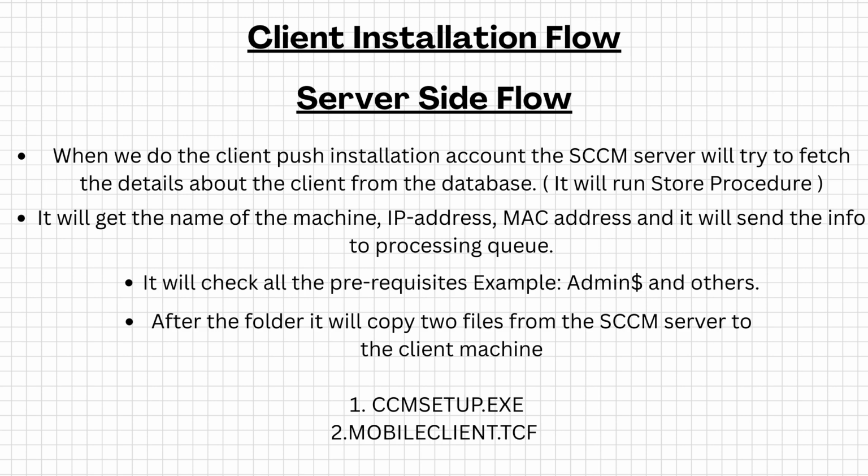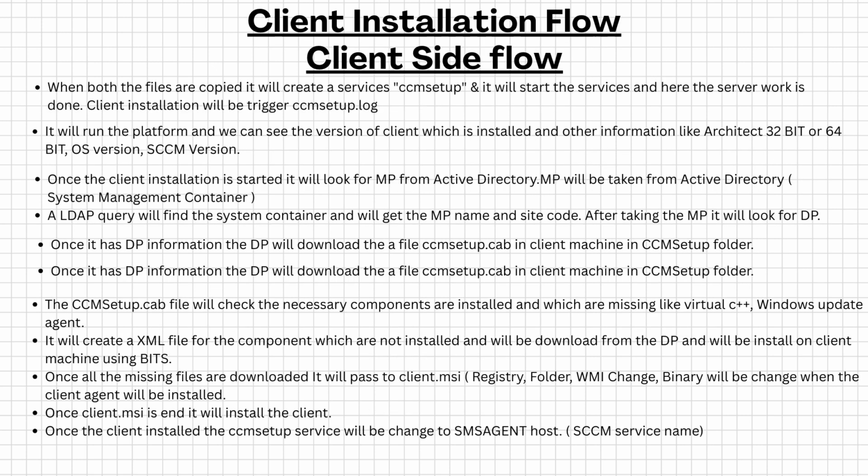Now we'll switch to the client side. Once the server side part is completed, on the client side, when we have both the important files, mobileclient.tcf and ccmsetup.exe, we can see that services are created, ccmsetup, and some prerequisites checks happen regarding the bits, the OS version, and the compatibility.